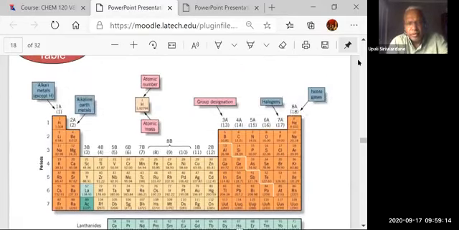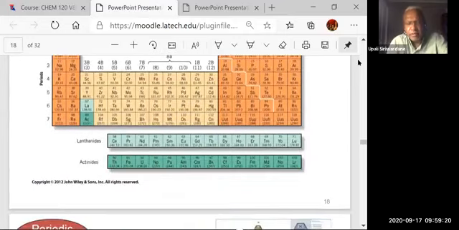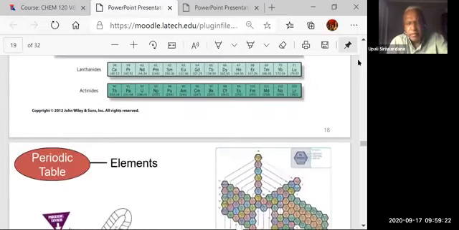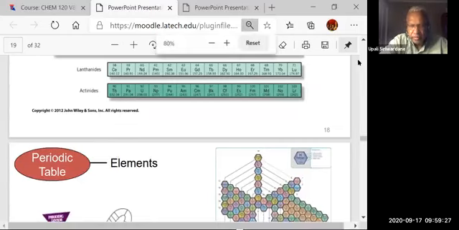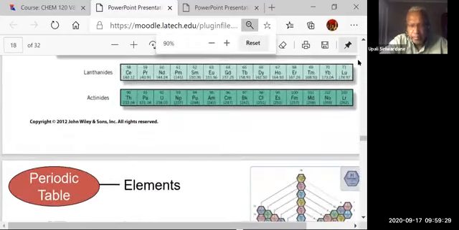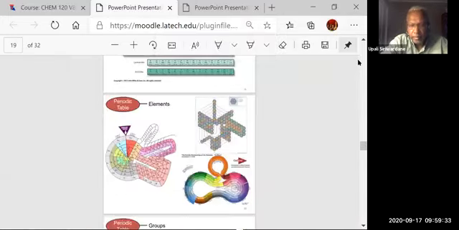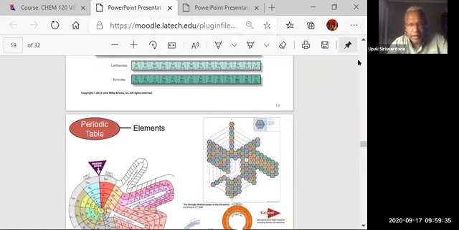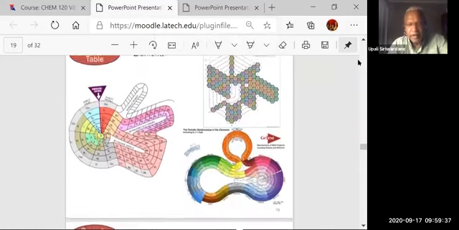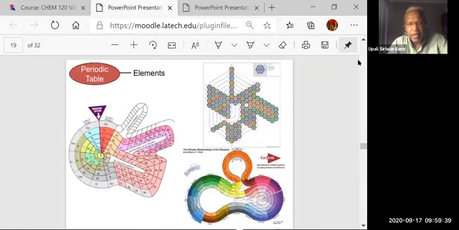So atomic number is given and atomic mass is given at the bottom of the block, in certain blocks. There are other periodic tables which are interesting looking, but they didn't survive.